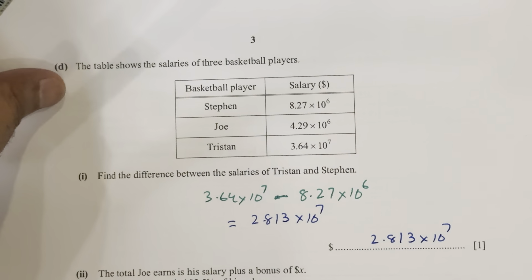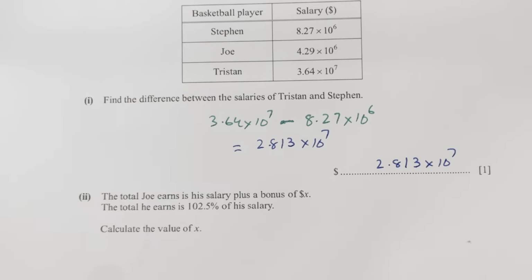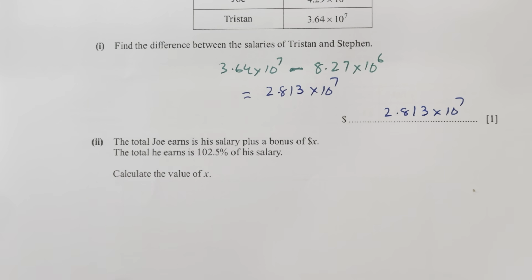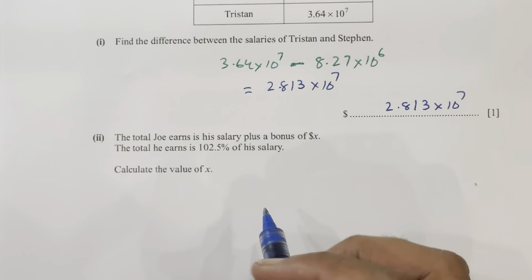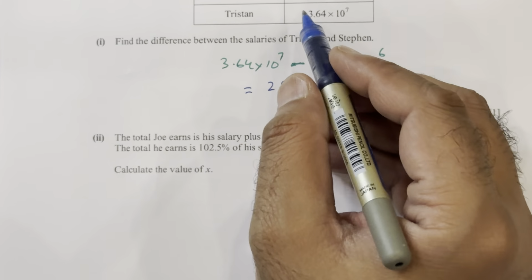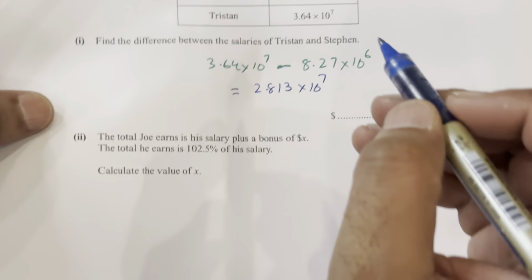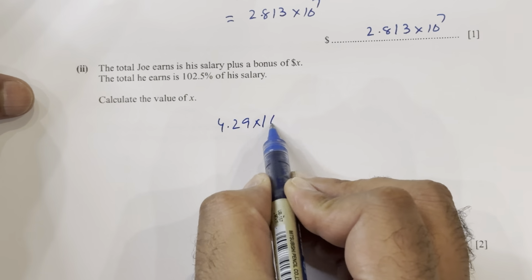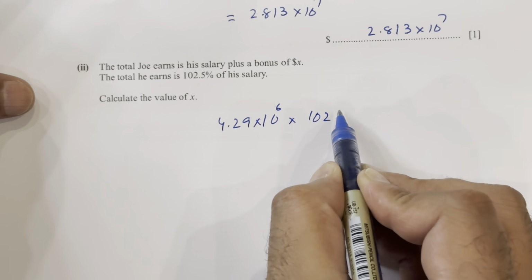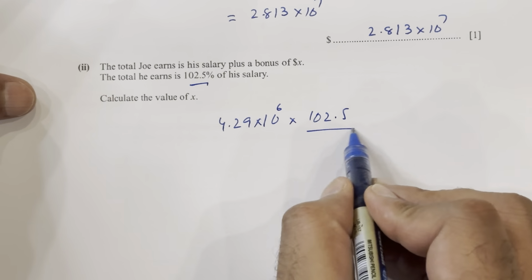The next part is that the total Joe earns is his salary plus a bonus of $X. The total he earns is 102.5% of his salary. Calculate the value of X. So we know that his salary, from above, we can see the value for Joe is 4.29 × 10^6, and 102.5% is the salary with bonus.